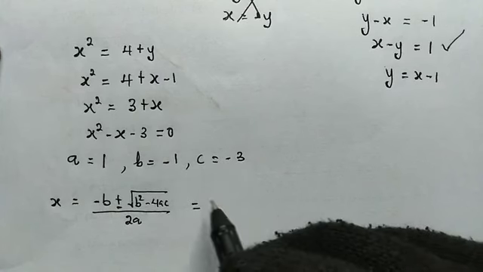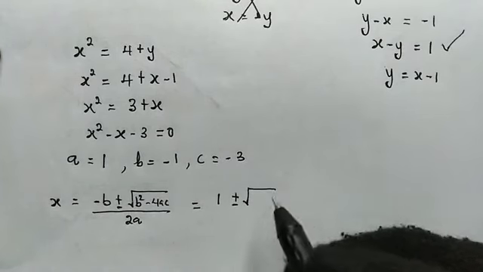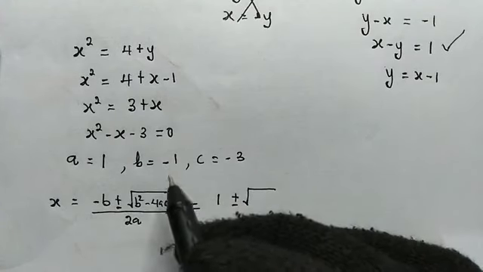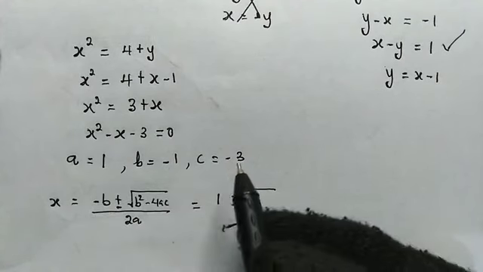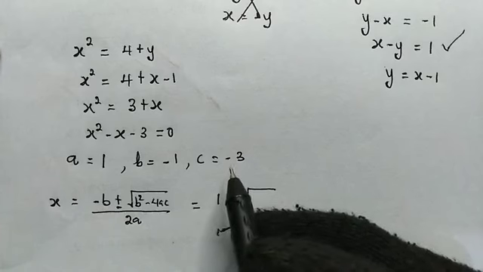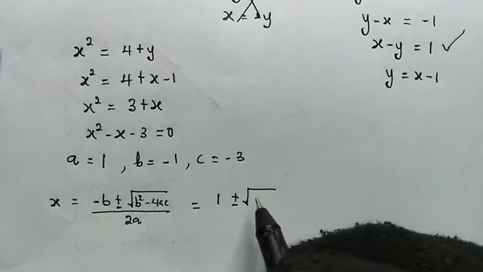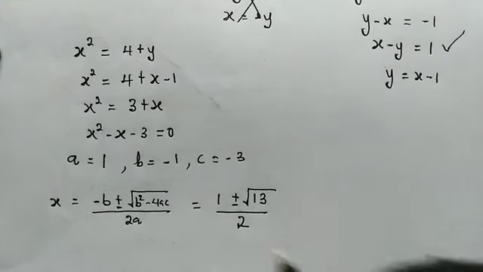And this equals negative b, which will be negative in brackets minus 1, which is 1, then plus or minus square root of b squared, in this case negative 1 squared, which is 1, minus 4 times a, which is 1, times negative 3, which is negative 12, and 1 minus negative 12 will be 1 plus 12, and that will give us 13 right over here, then divided by 2.